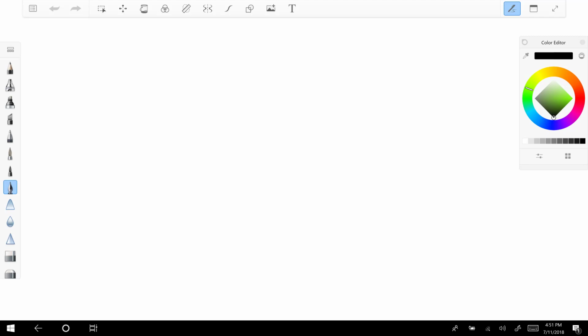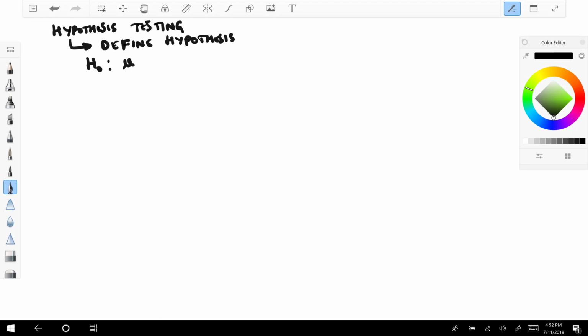So for hypothesis testing, the first step would be to define the hypothesis. The statistical definition of the hypothesis: the null hypothesis H null would be mu1 minus mu2 is equal to 0.